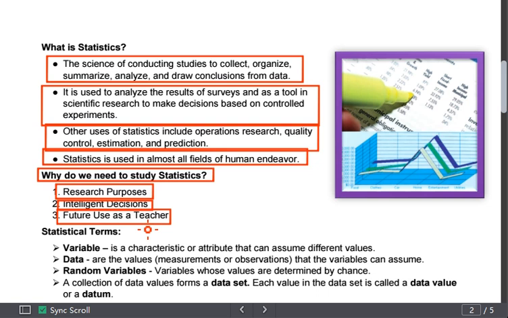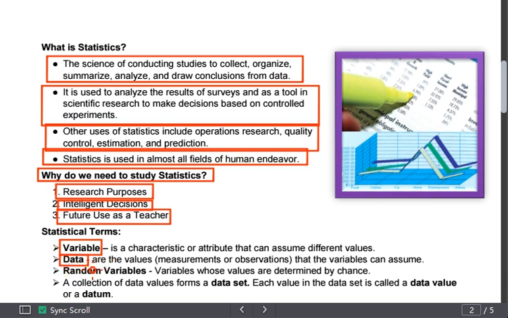First, we have the variable. So a variable is a characteristic or attribute that can assume different values. So, ginagamit natin si variable in different fields of mathematics. So, we are assuming values using variables like x, y, and some other letters.